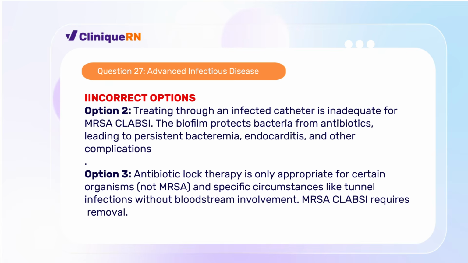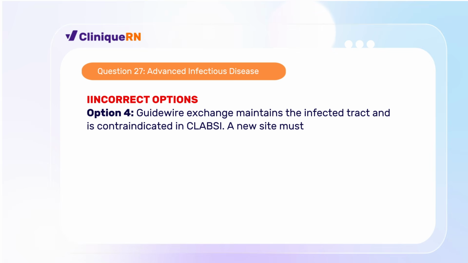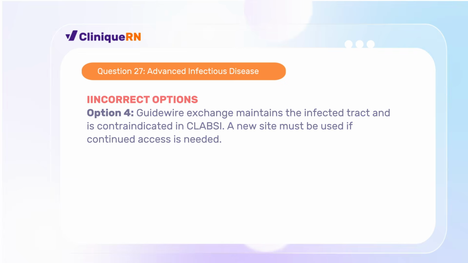Antibiotic lock therapy is only appropriate for certain organisms, not MRSA, and specific circumstances, like tunnel infections without bloodstream involvement. MRSA CLABSI requires removal. Option 4. Guide wire exchange maintains the infected tract and is contraindicated in CLABSI. A new site must be used if continued access is needed.